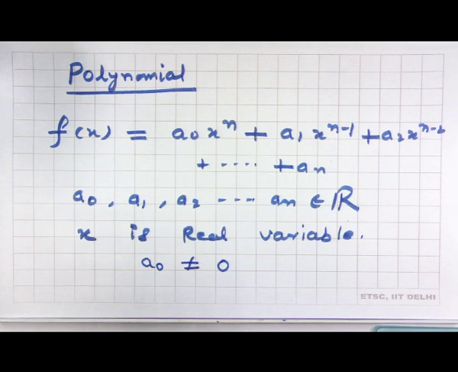Now a0, a1, a2 are the real constants and x is a real variable.